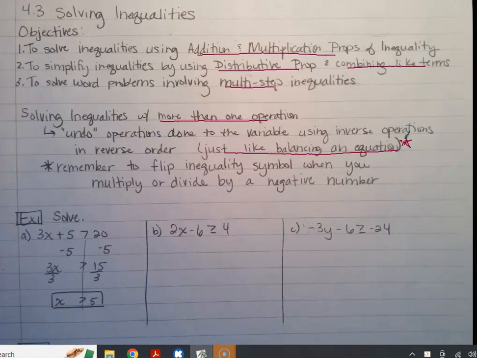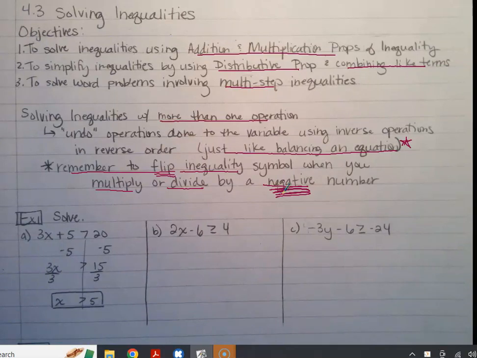It's continuing to do that, but it's the same thing. The one thing about inequalities is you have to remember to flip the inequality symbol when you multiply or divide by a negative number. So it's only multiplication and division with a negative number.